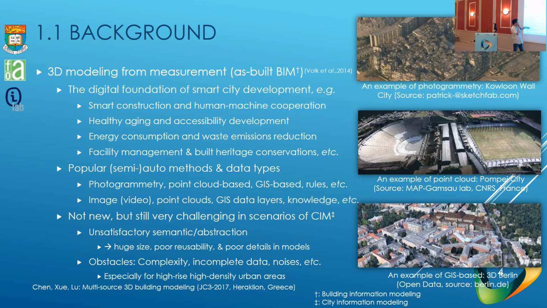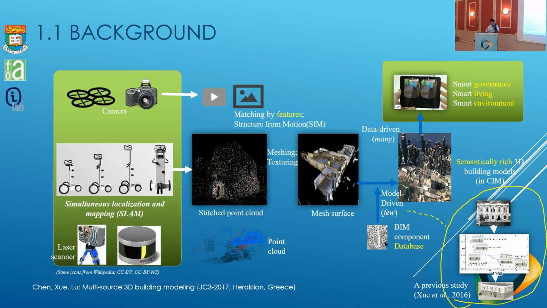The consequence is that we have a very huge size of data, such as hundreds of megabytes of point clouds, and we have poor usability, and also very poor details of models. So the obstacles are mainly the complexity of the problem, the incomplete data, and noise, because the data can be enlarged in the high-rise areas of cities.